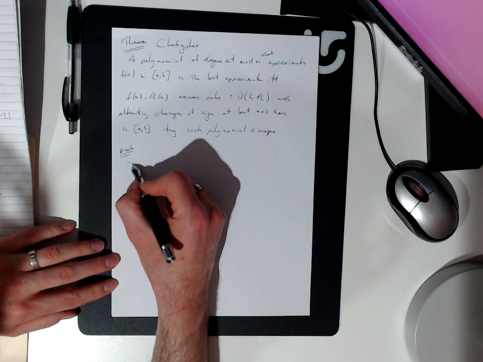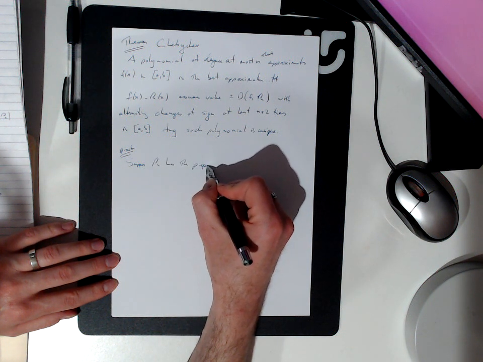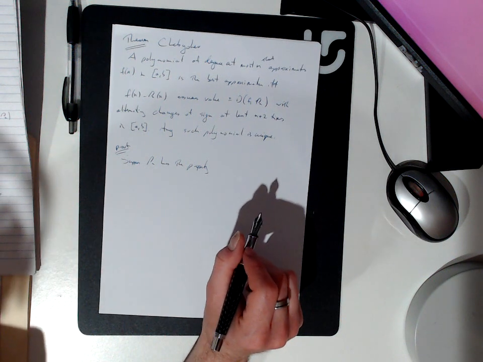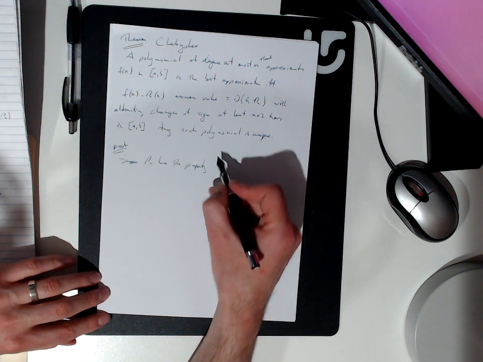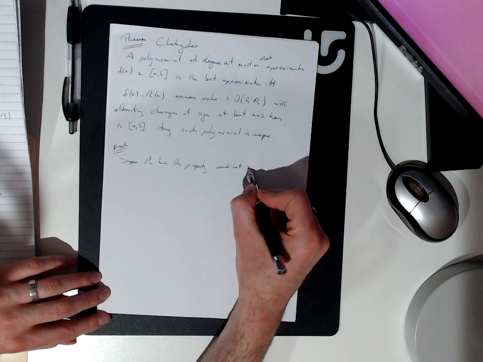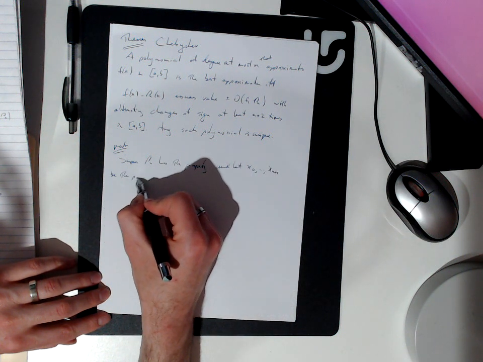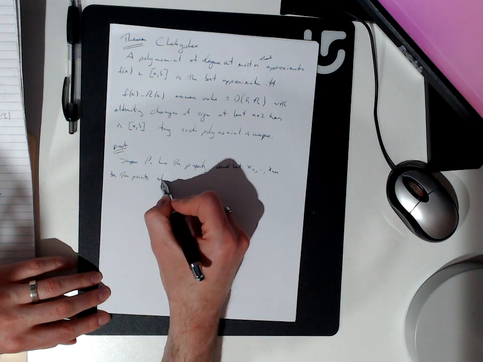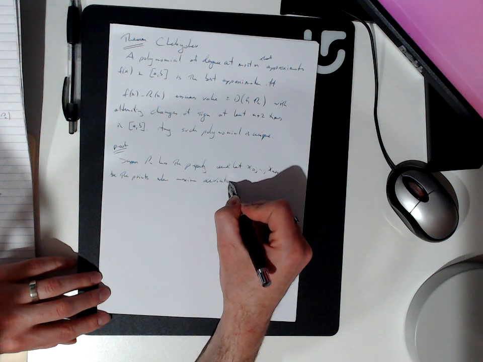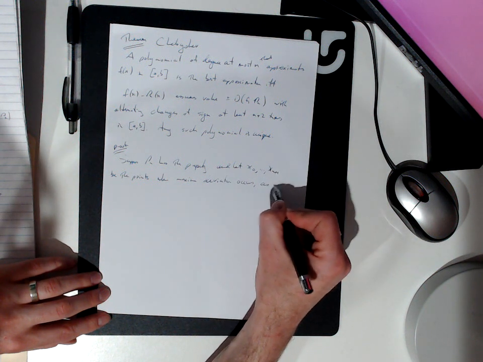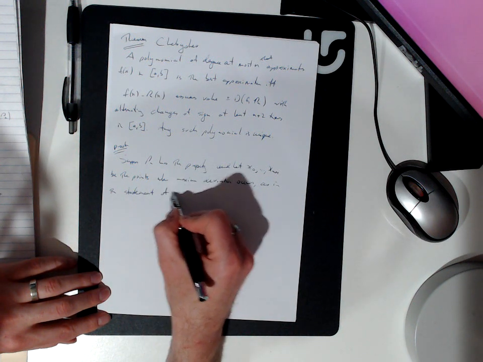So first, suppose P_n has the property, and let x_0 to x_{n+1} be the points where maximum deviation occurs, as in the statement of the result.